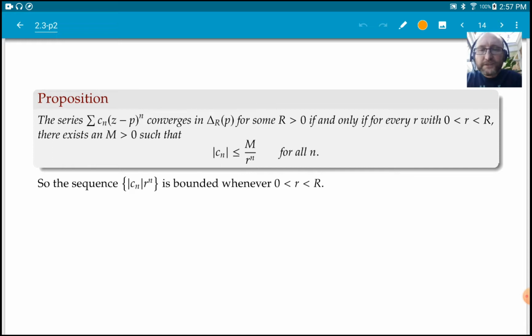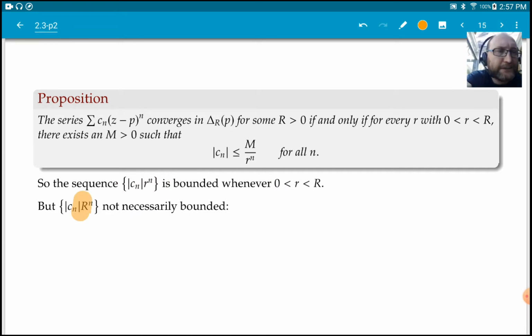In other words, this sequence, the modulus of Cn times r to the n, is bounded whenever little r is less than capital R. Now, if we stick in the capital R, that's not necessarily true, especially when that capital R is the radius of convergence.